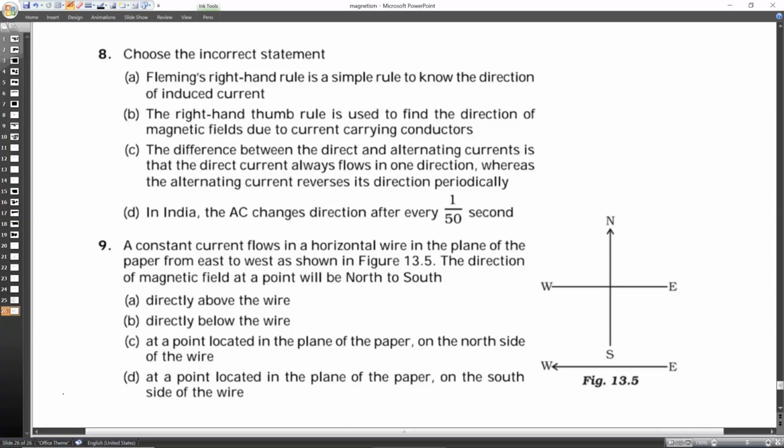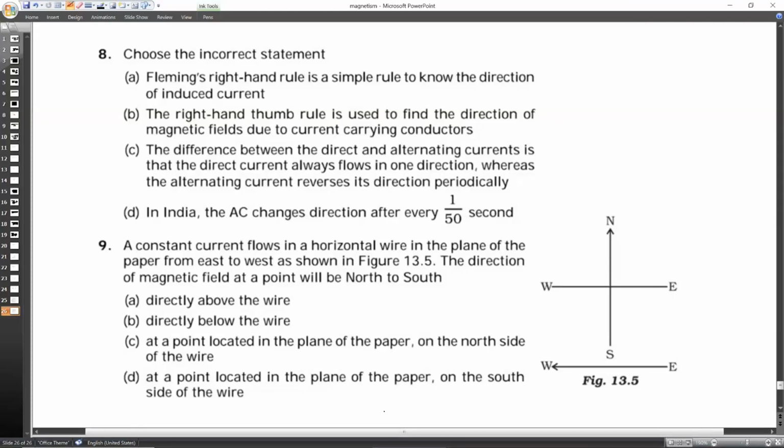Tell me, what should be the answer for question number 9? Okay, should I help you?